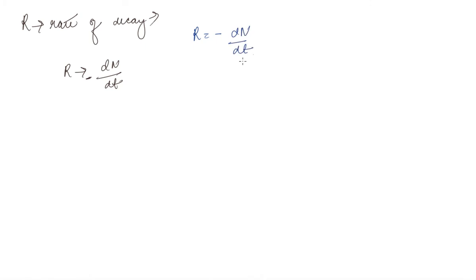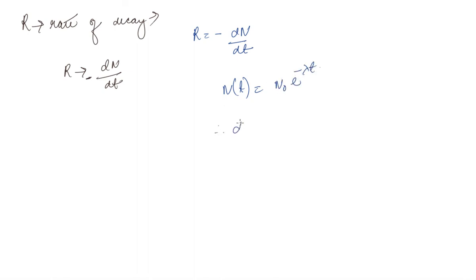Now, by further calculation, we know the rate of decay. If you define R as the rate of decay, so R is actually minus dN upon dt. And what was N of t? As we have proved earlier, N of t was nothing but N naught e to the power minus lambda t.